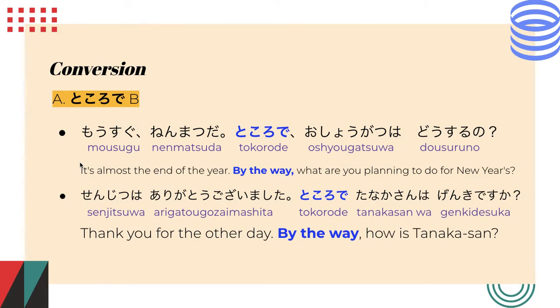To say this in Japanese, it will be もうすぐ年末だ。ところで、お正月はどうするの？So this is the statement A, and the statement after ところで is asking a question. So, by the way, what are you doing?